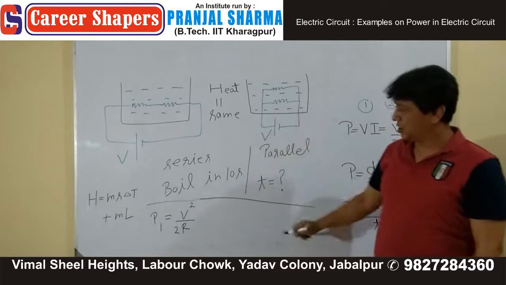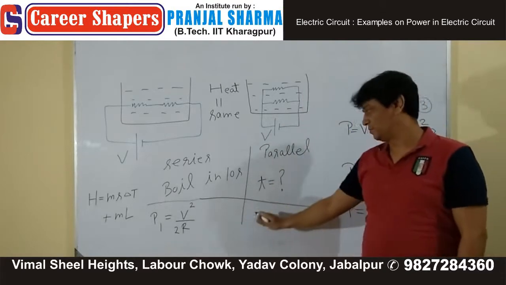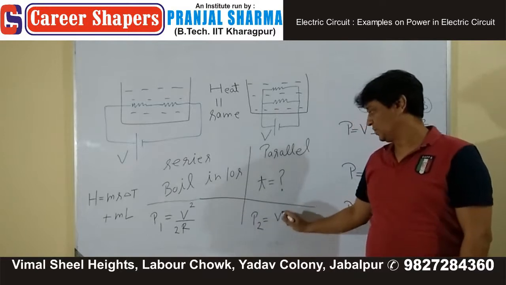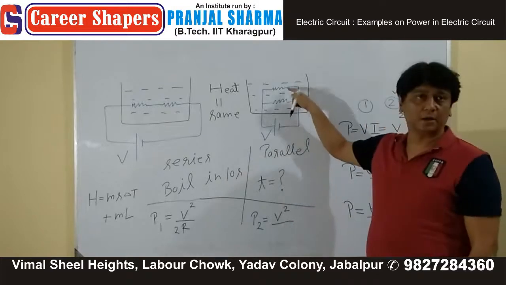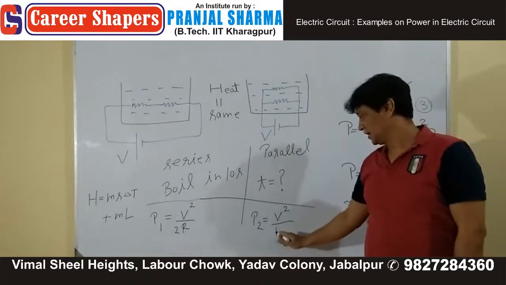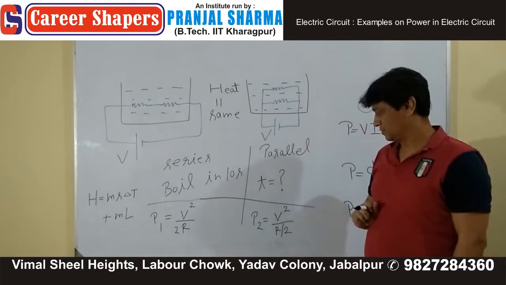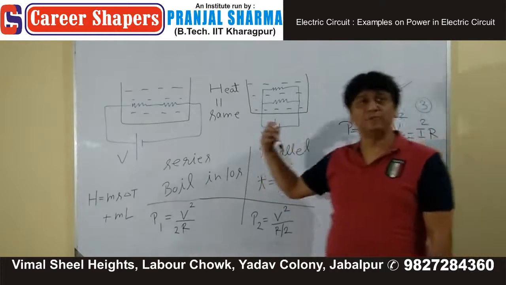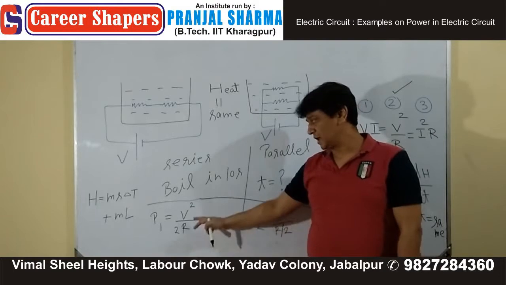For the parallel combination, power is what? P2, which is what? V square upon R and R in parallel gives you what? R by 2. So in series, the amount of heat which is being generated at this rate.